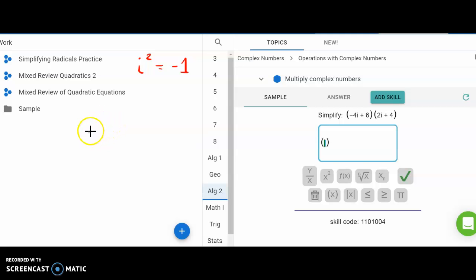Now, multiplying complex numbers is a lot like FOILing, right? So remember with FOIL, this was front, outer, inner, last.